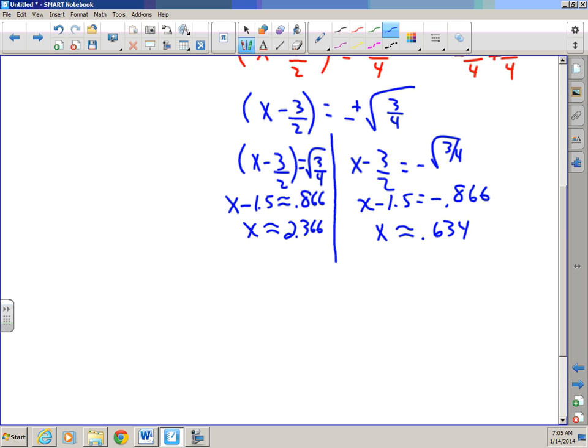And 0.634. Okay, so to summarize, this technique of completing the square is one of two strategies that you're going to learn for purposes of solving quadratic equations when you're going to be unable to use factoring to solve them.